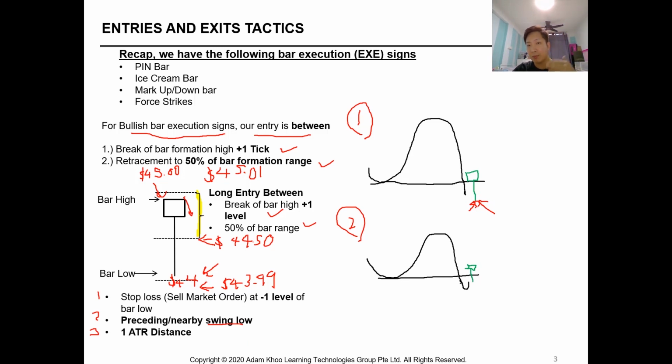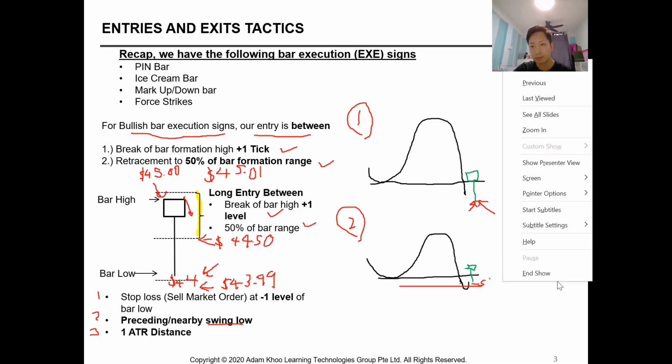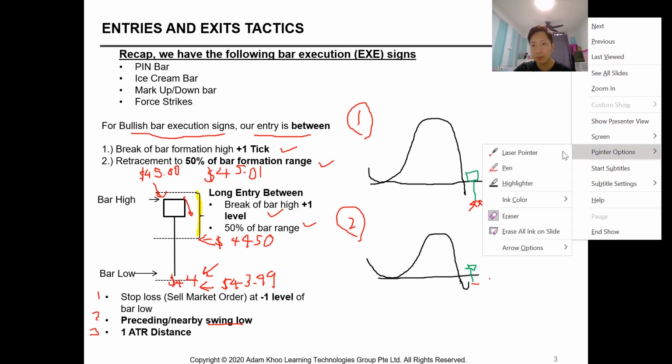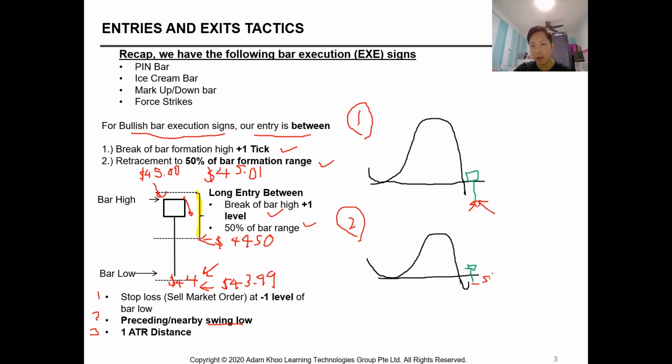For scenario number 2, the stop loss will be at the low over here, right? I'll name this stop loss number 1. Stop loss 2 will be based on the preceding nearby swing low over here.